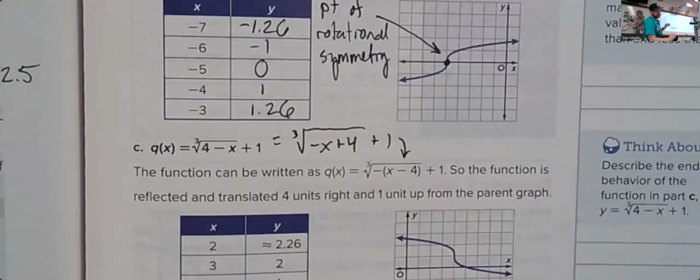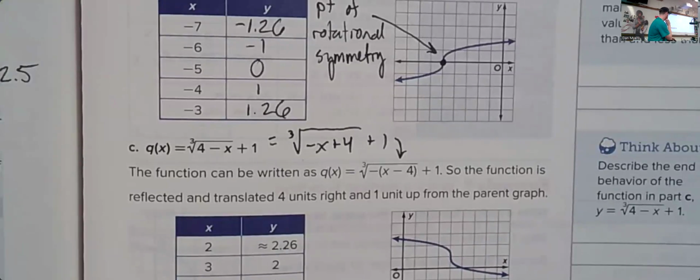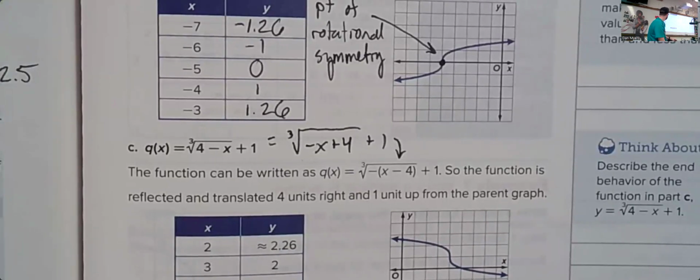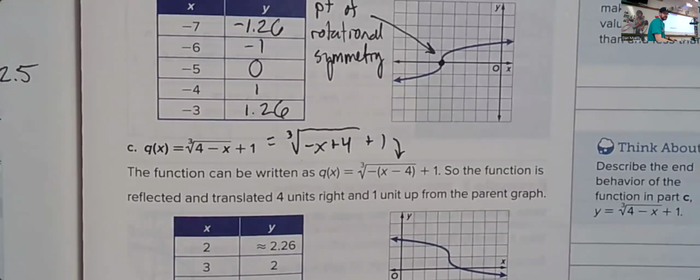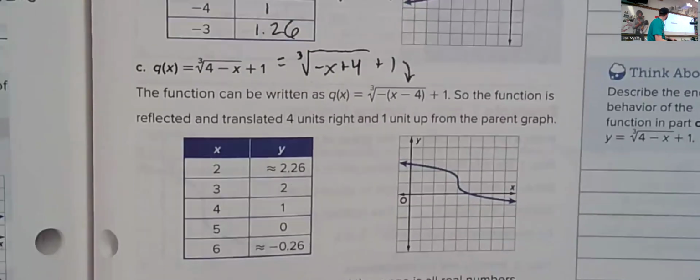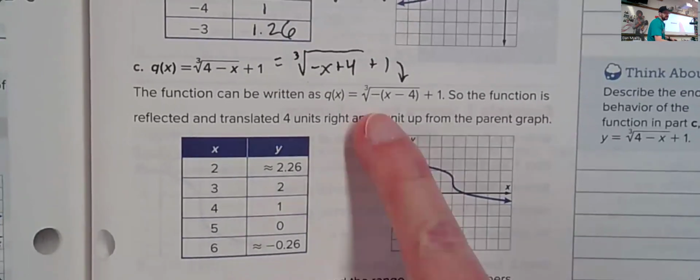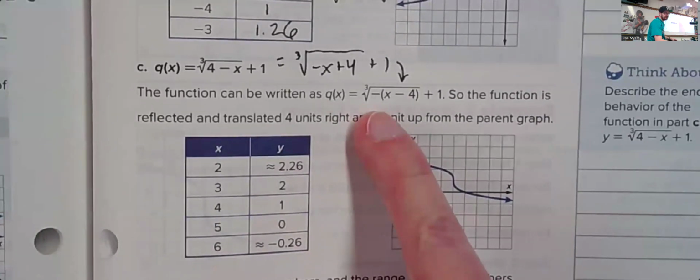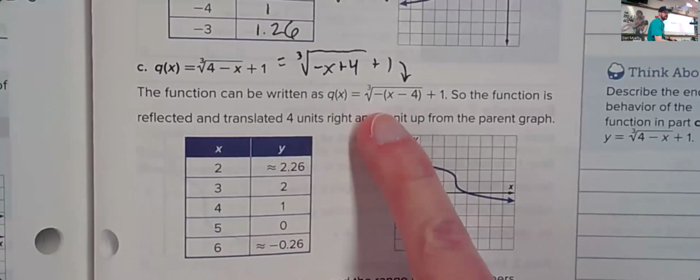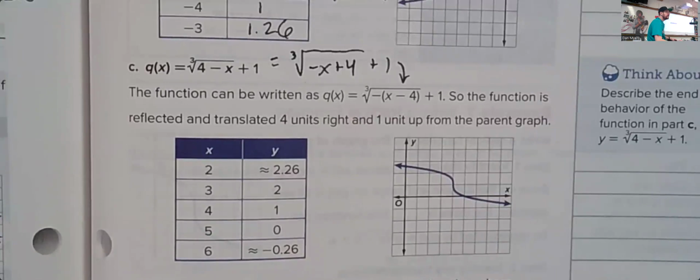So this function is reflected. Where is it reflected though? Because the negative is on the inside of the radical, how is this one being reflected? Is it x-axis? It's y-axis. Yeah, it's been reflected this way.